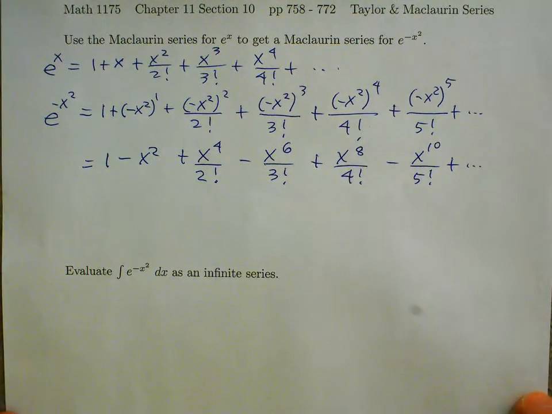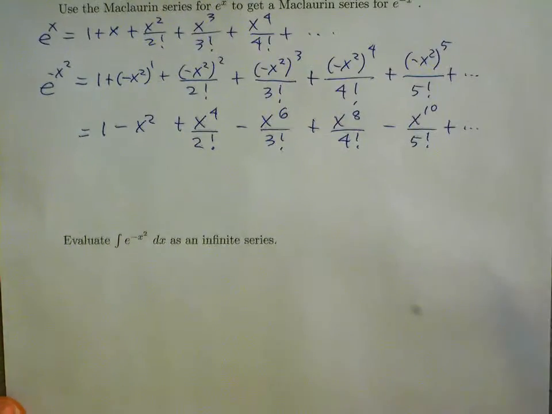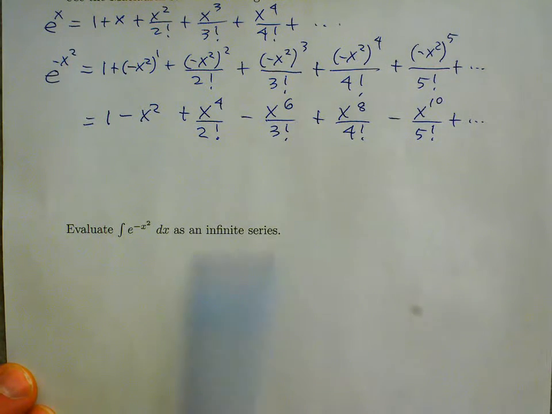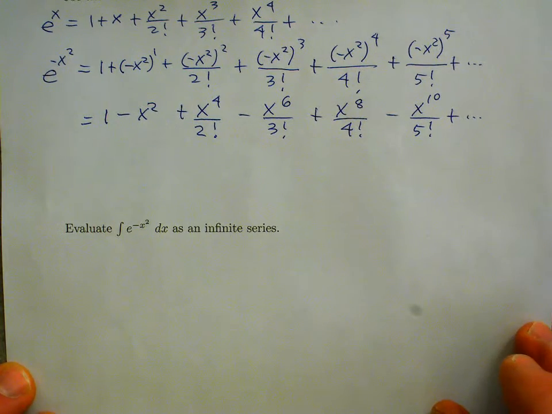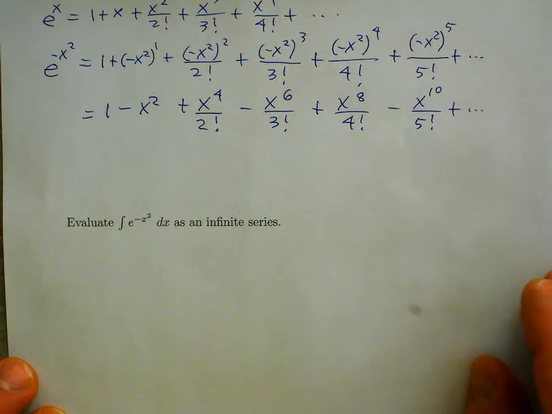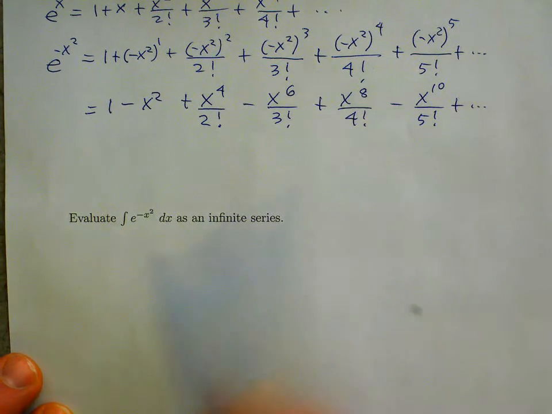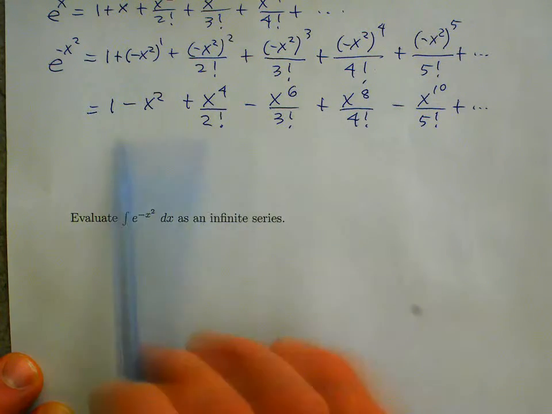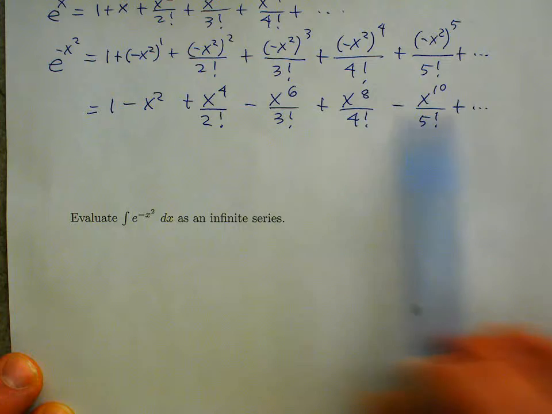Okay, so in the next part, we evaluate the indefinite integral of e to the negative x squared and write it as an infinite series. So all we do here is use this series up here and find the antiderivatives of those terms.